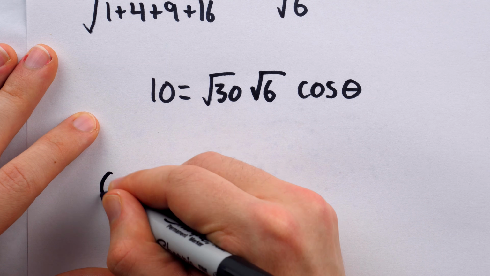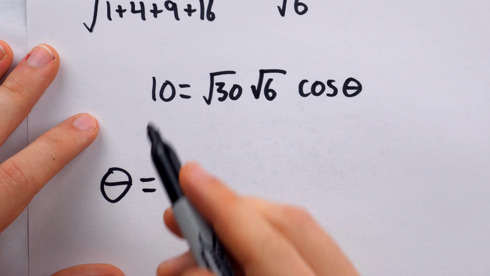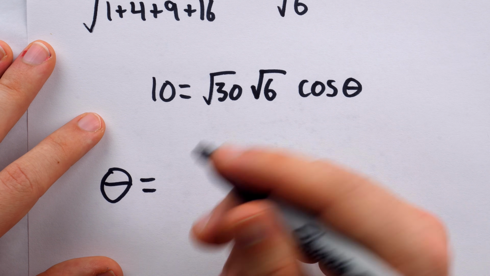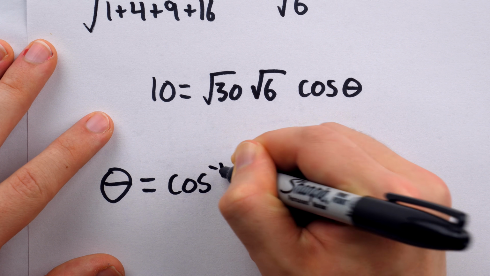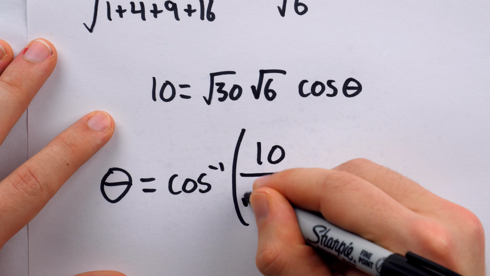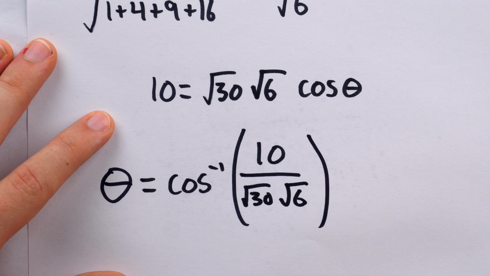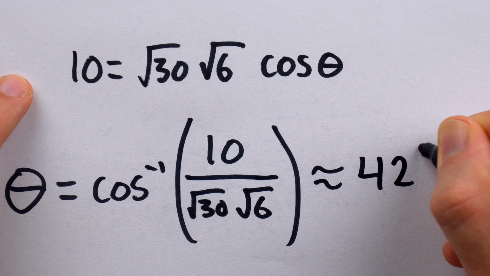So then to find that angle between these two vectors in 4 dimensions, all we would do is take 10, divide it by the product of the magnitudes, and then we would take the inverse cosine on both sides. So we would have the inverse cosine of 10 divided by the square root of 30 times the square root of 6. We then get a fourth dimensional angle of about 42 degrees.